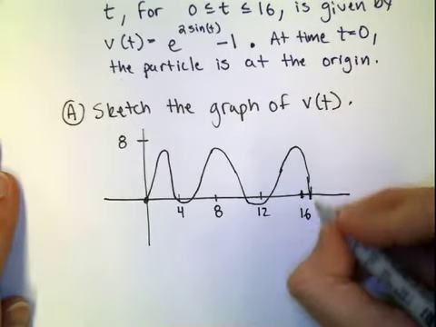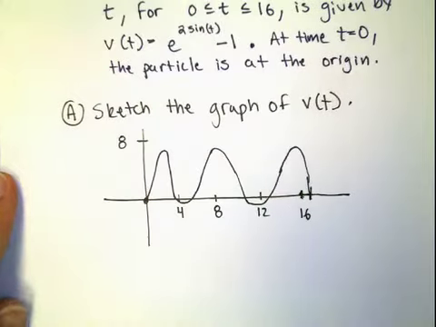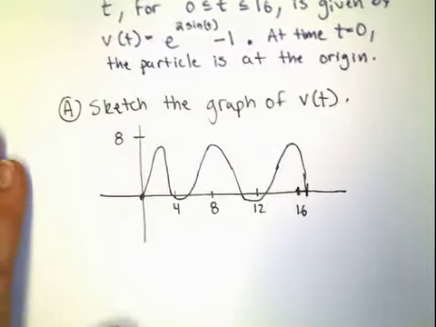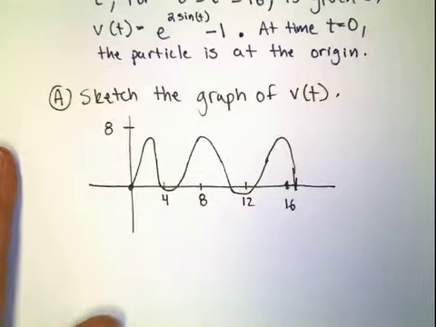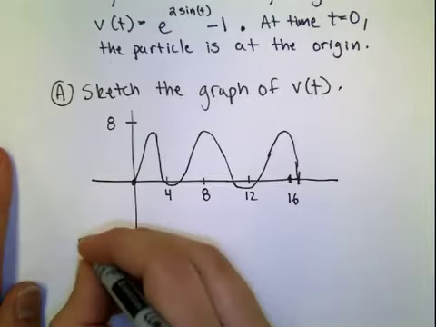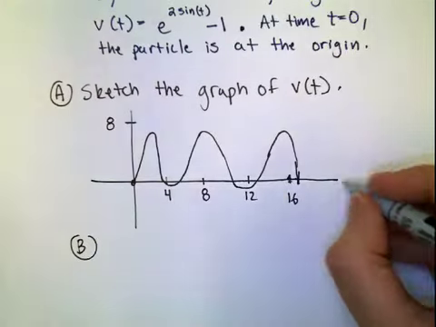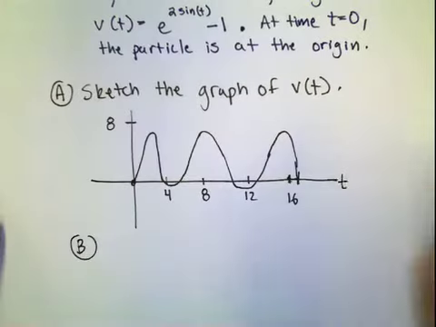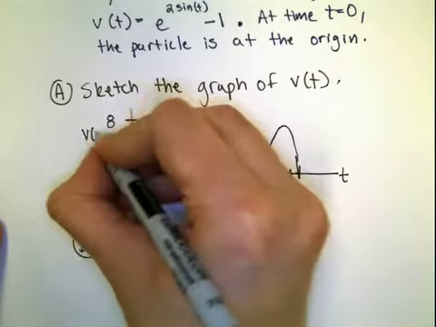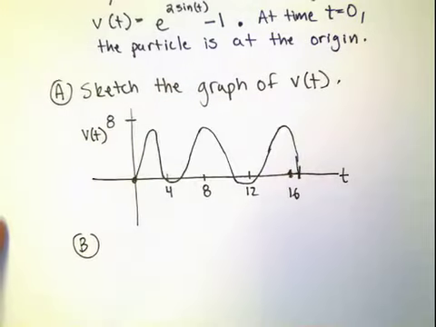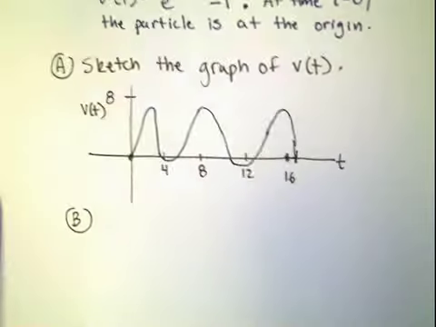I should have said this is 16. Something like that. It's not the best graph, but there's my velocity. Oh, and I better label this. This is t for time, and this is v of t for velocity. I don't have any units.